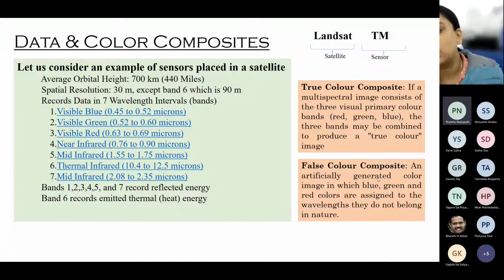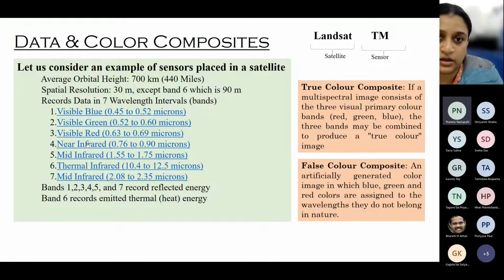So what is a false color composite? It is an artificially generated color image in which blue, green, and red colors are assigned to wavelengths where they actually do not belong. So here, suppose we use green, red, and near infrared, and we assign blue, green, and red color to these, this will lead to the development of FCCs.